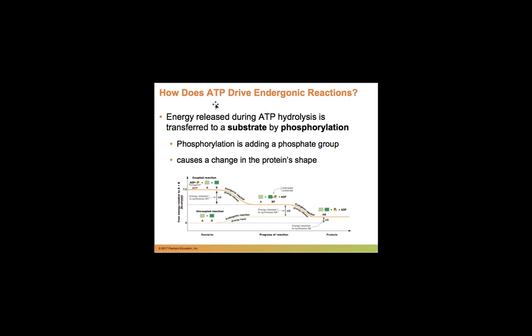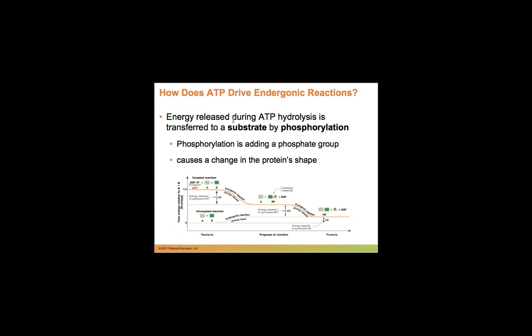How is your ATP going to drive an endergonic reaction? So ATP hydrolysis is an exergonic reaction when we hydrolyze off that last phosphate. Now we have energy, right? We have that individual inorganic phosphate that's a very high energy molecule. So how is ATP now going to perform work?